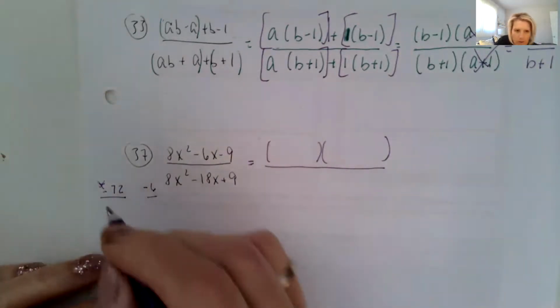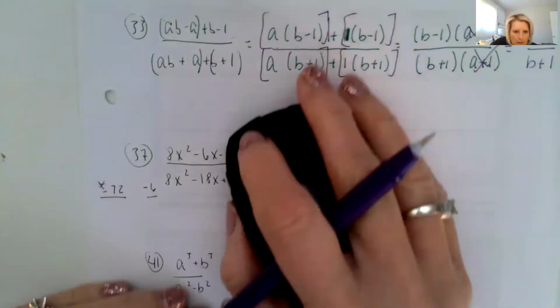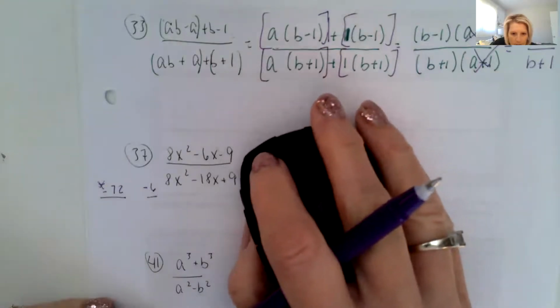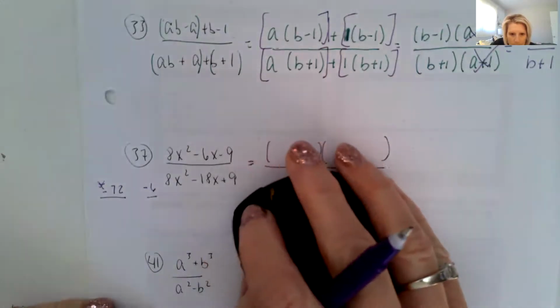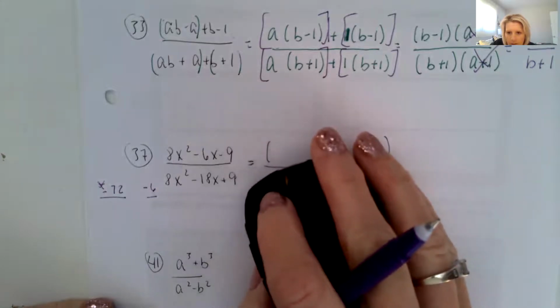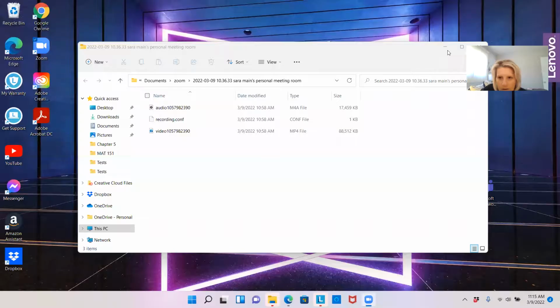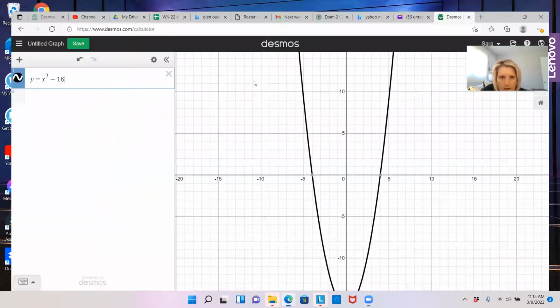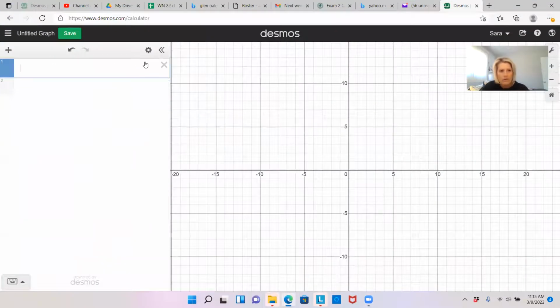So let's go to Desmos. Let's see how we could use Desmos in our favor here. So let's look at factors of a negative 72. So let's just look at y.